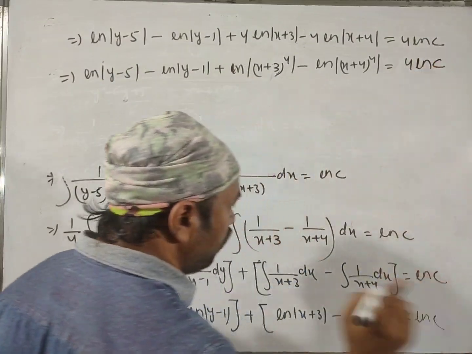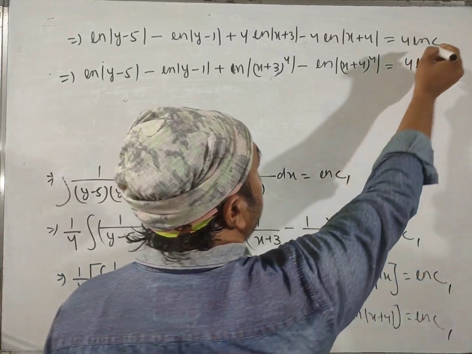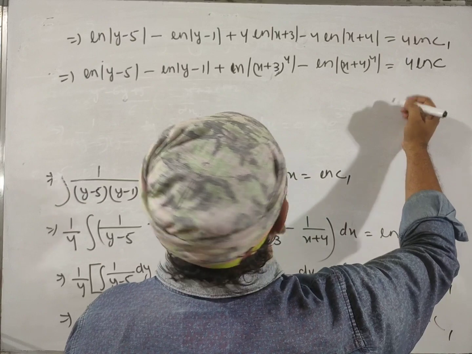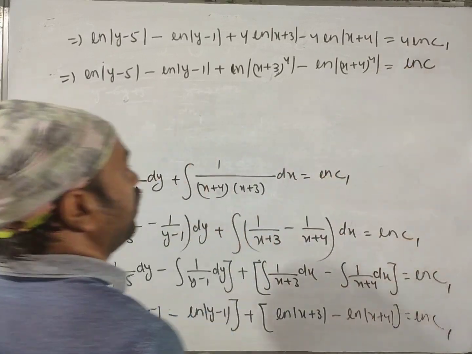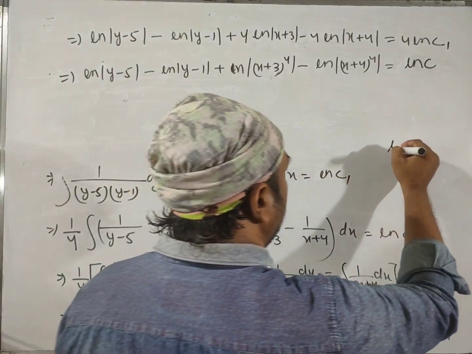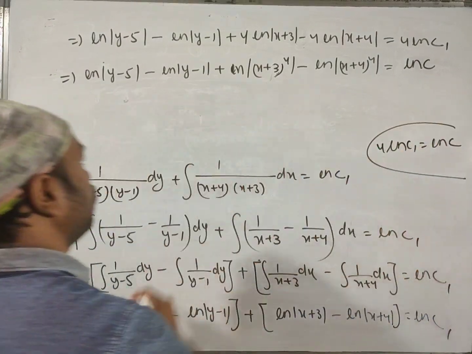For ln c, consider this constant as ln c1. Consider 4 ln c1 as ln c, another constant.